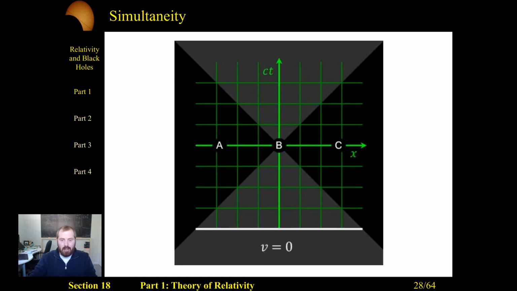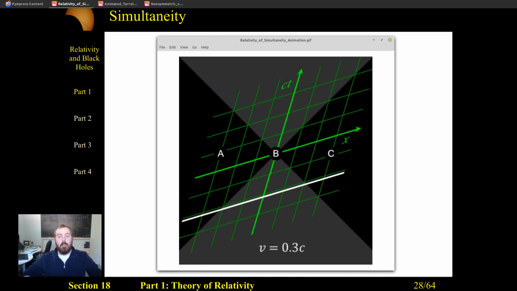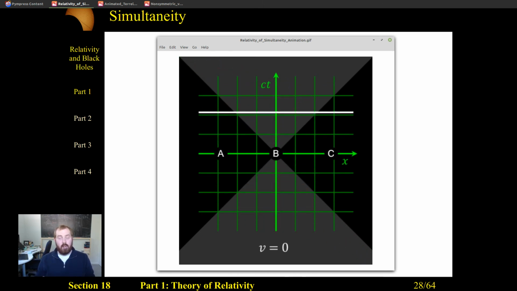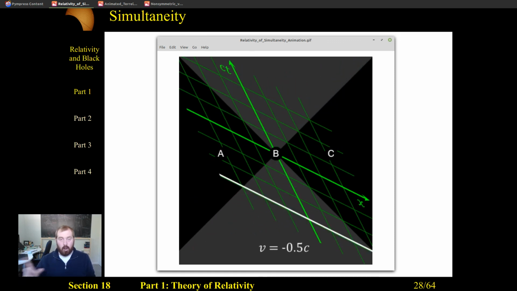Here's a nice pictorial, graphical representation of this. We're going to have a plot of space-time, x and ct, speed times time. And we'll send this white pulse. You send this pulse across. And depending on the motion of the frame, if you're not moving relative to the pulse, everyone at points A, B, and C, we'll go back to the beginning.